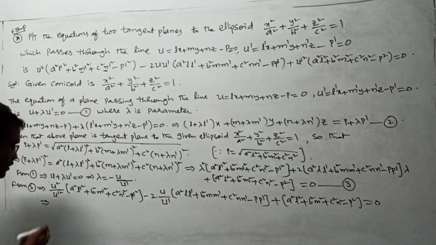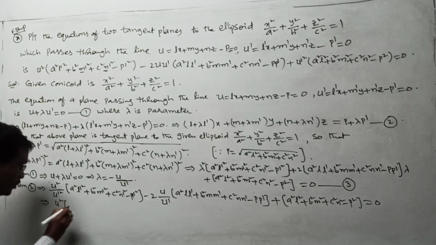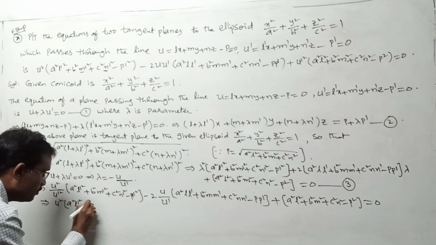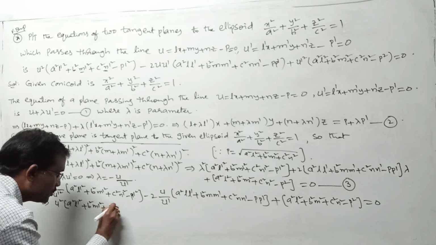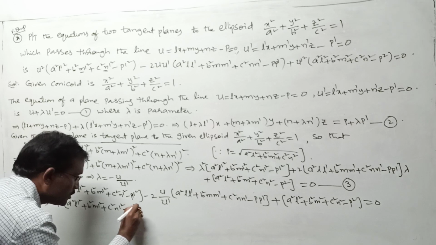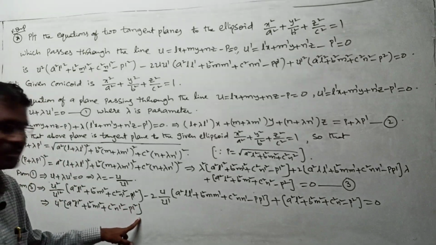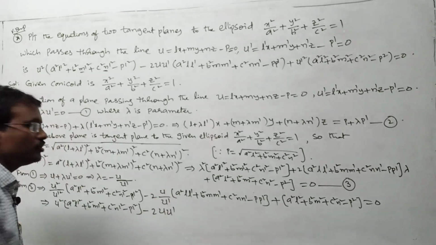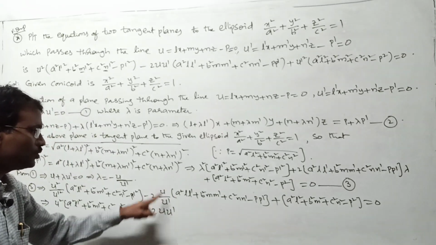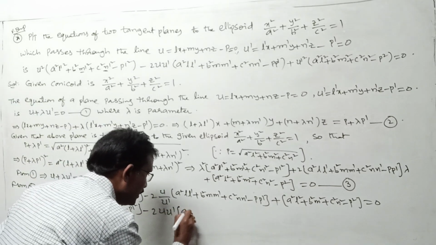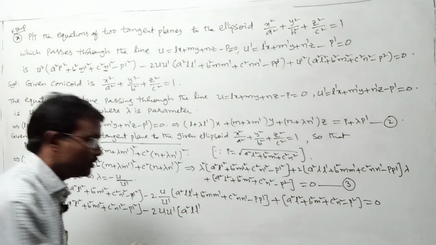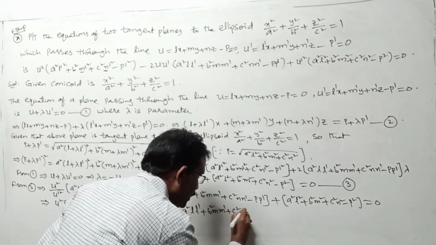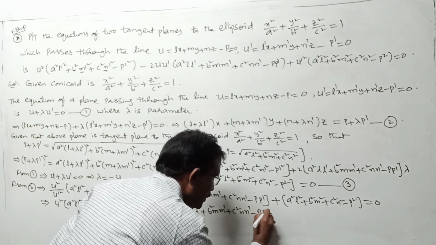Just write the simplified result: u square into a square l dash square plus b square m dash square plus c square n dash square minus p dash square, minus 2 into u dash, because we are multiplying by u dash square, one u dash gets cancelled, 2 into u dash into a square l dash plus b square m dash plus c square n dash minus p dash.